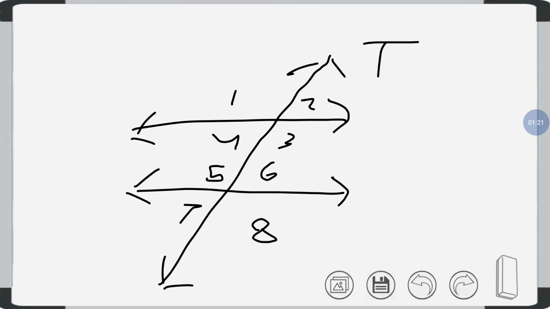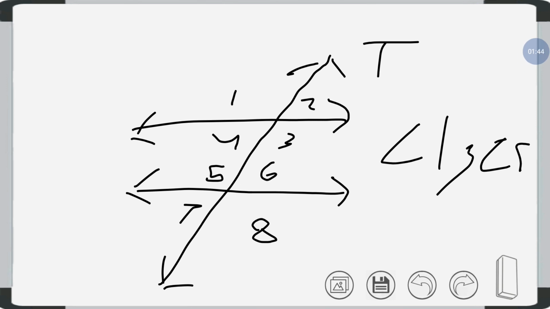Okay, now we are gonna talk about the corresponding angles. Corresponding angles lie on the same side of the transversal and on the same sides of the intersected lines. For example, we have angle 1 and angle 5.